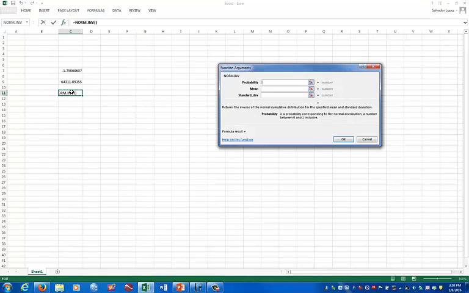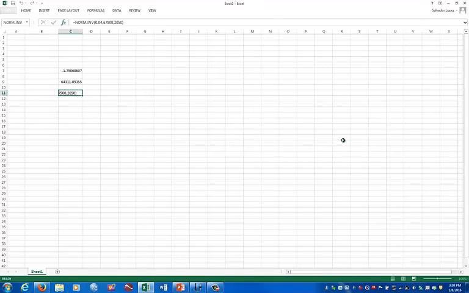Notice this is a cell that I'm using. Enter the probability the same way we entered before, 0.04. This is just another way of doing it. And then the mean, 67,900, and the standard deviation, 2050. Notice you get the answer right here, 64,311.09. Click OK, and that is the answer.